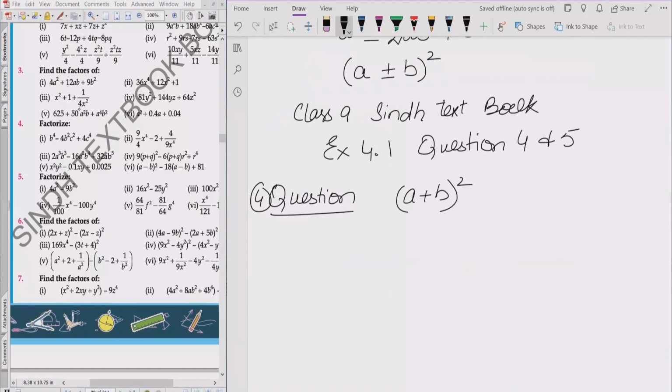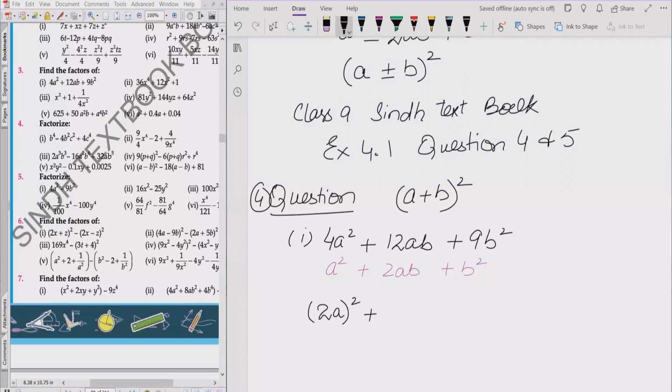Now the question is 4a square plus 12ab plus 9b square. Here we have a square plus 2ab plus b square. We will write it as (2a) whole square.